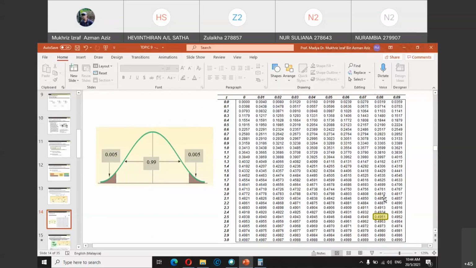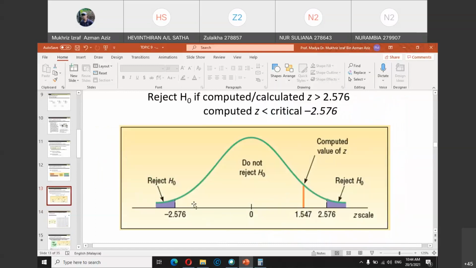So basically, this is just the same process. Why are you doing exactly the same thing as what you did in your confidence interval topic? Because the principle to read the Z table is the same. So we know that the area under the curve, the one that is not highlighted, should be 0.99. Why 0.99?